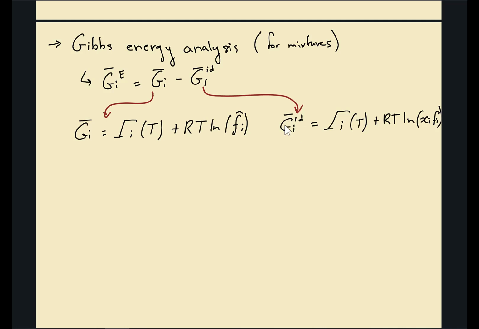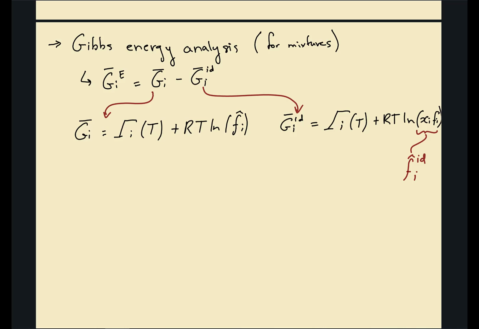The partial Gibbs free energy equals gamma_i(T), a constant which is a function of component i and temperature, plus RT times the natural log of x_i f_i. In this case, x_i f_i is the fugacity of the ideal solution for component i.